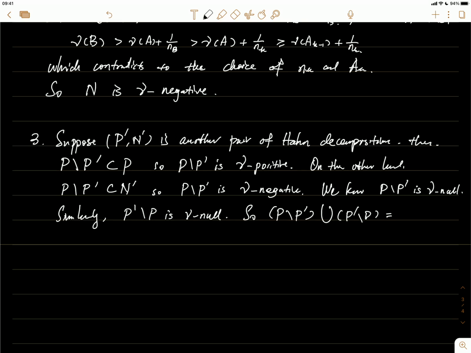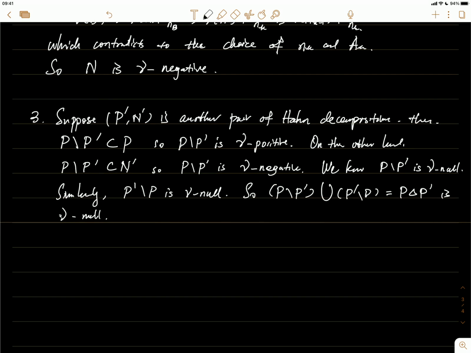But the union of these two is just the symmetric difference of these two sets, P delta P prime, which is also nu null. Okay, and similarly, you can show that the symmetric difference of N and N prime is nu null. Okay, and that completes the proof. The decomposition is unique in this sense.